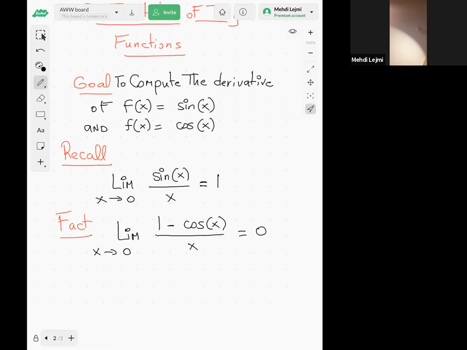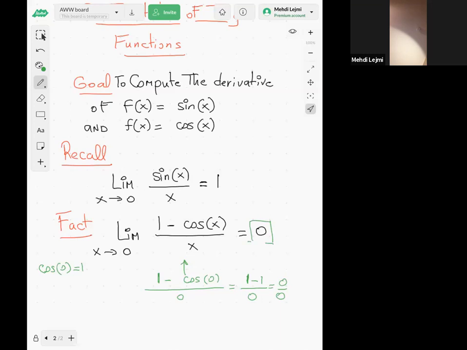Of course I'm going to prove it, but if you substitute x by 0, you get 1 minus cosine of 0 over 0. Cosine of the angle 0 is 1, so that will be 1 minus 1 over 0, which is 0 over 0, an indeterminate form. But I claim that this limit, 1 minus cosine of x over x when x goes to 0, is going to be equal to 0.